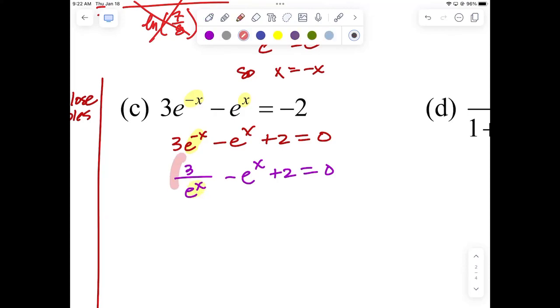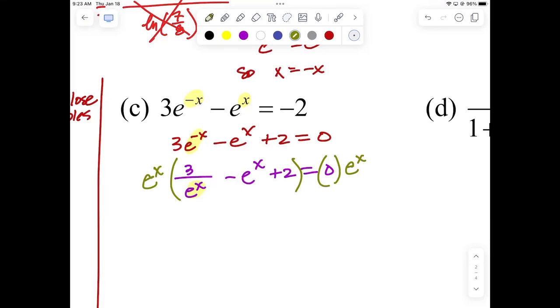Now I can do what Wyatt said yesterday. I can kill it. So I'm going to multiply both sides by e to the x because that's the LCM. That's the only denominator. It's algebraically manipulating the equation, just giving it a different look, and then jumpstarting something else that I can do.